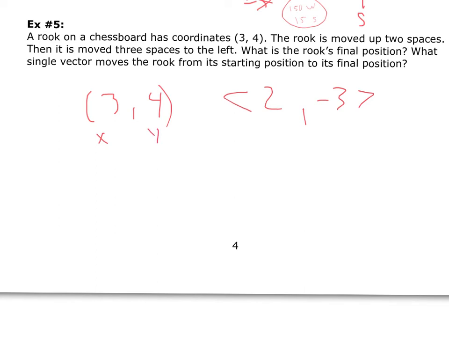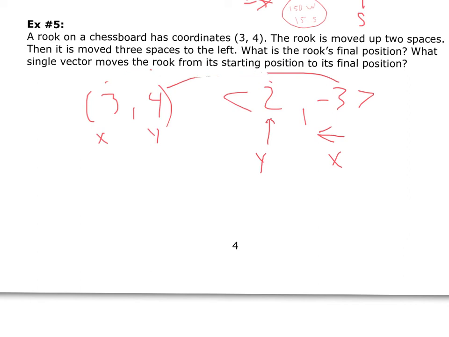Okay, it says the rook is moved up 2 spaces, and it's moved 3 spaces to the left. Okay, so your 2 is actually moving in the y direction. Your negative 3 is moving in the x direction. So we're going to have to take these 2 together and these 2. Sorry, I'm botching this.